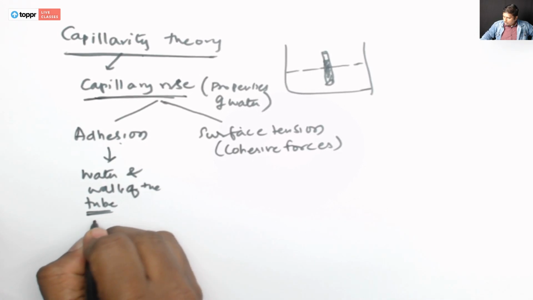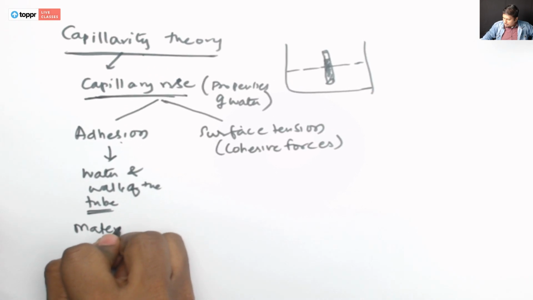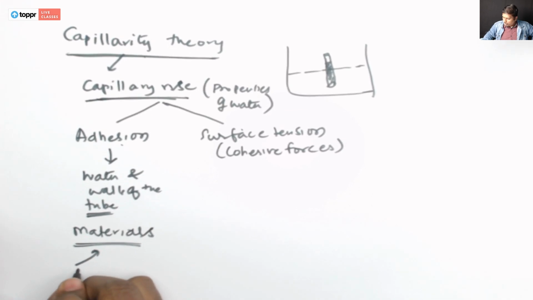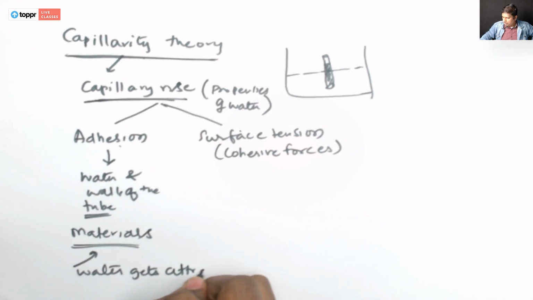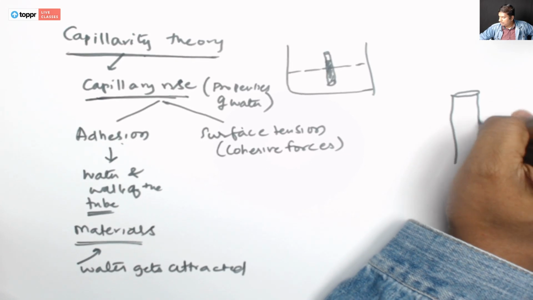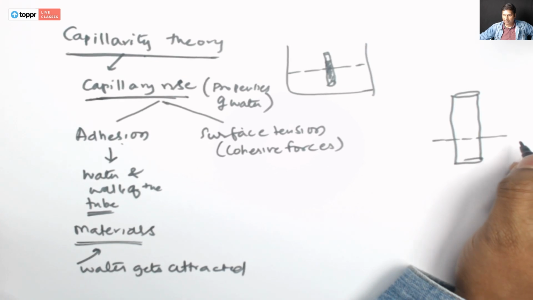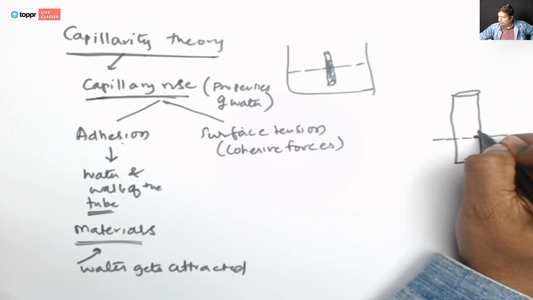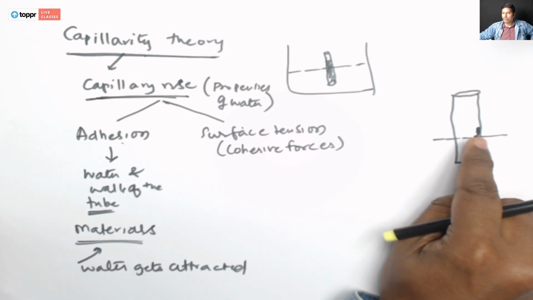The walls have materials to which water gets attracted. So you have a tube like this, and let's say the water level is still here. Now what is happening? The water molecules here are getting attracted to the wall, and slowly they are going up.